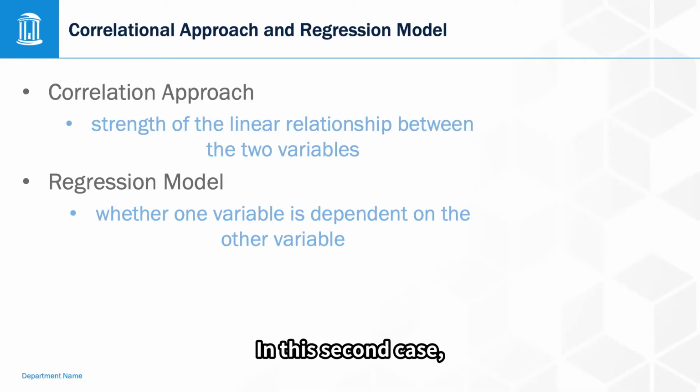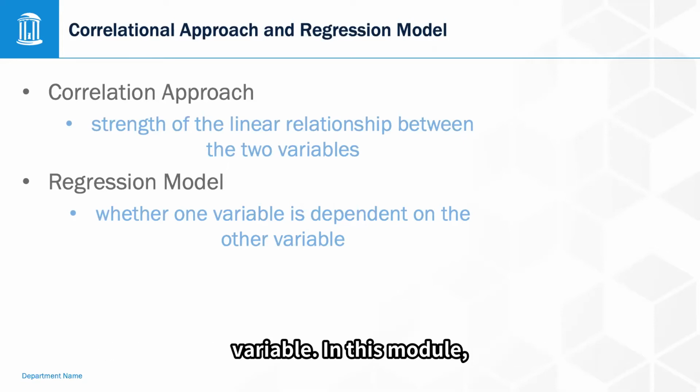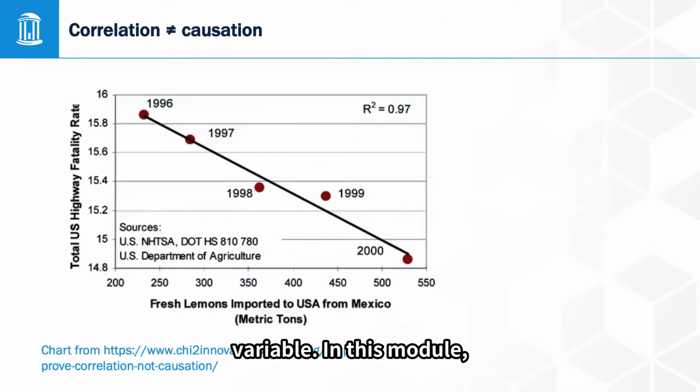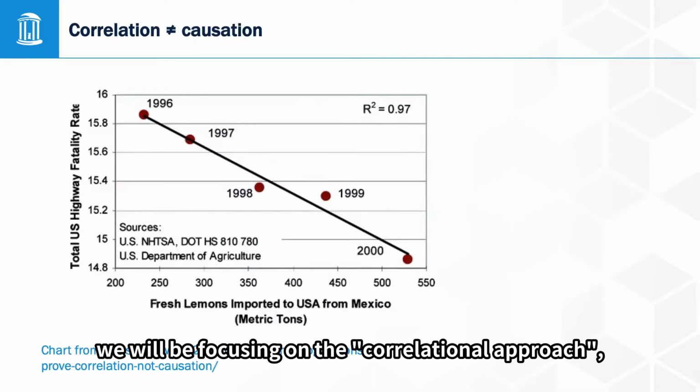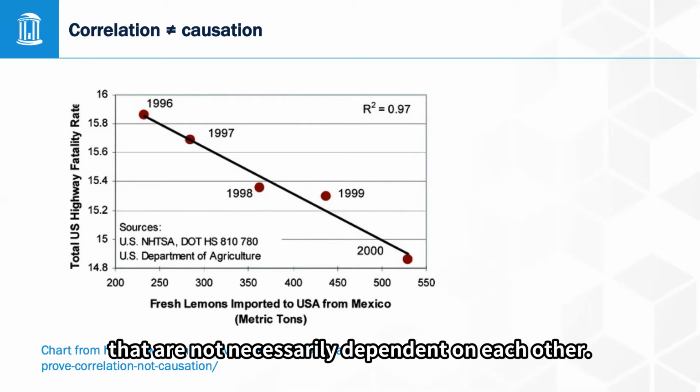In this second case, we will examine whether one variable is dependent on the other variable. In this module, we'll be focusing on the correlational approach, which means we will be examining two variables that are not necessarily dependent on each other.